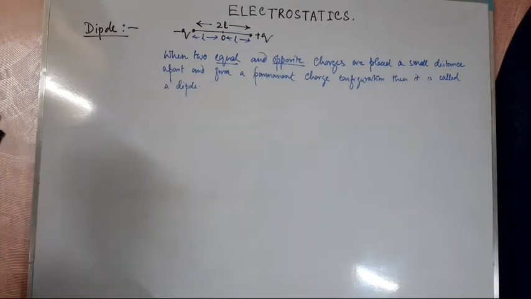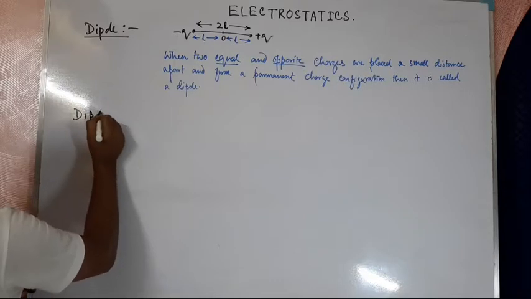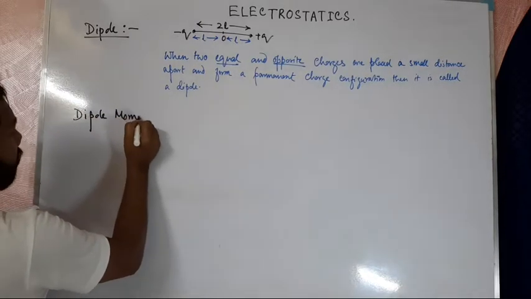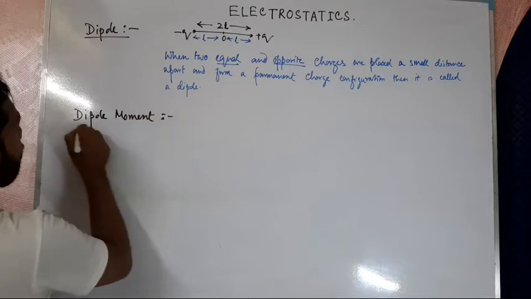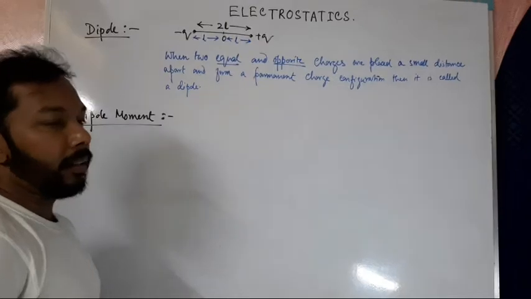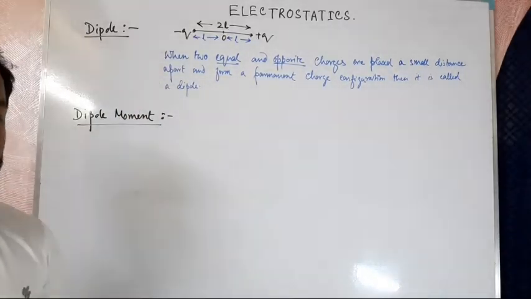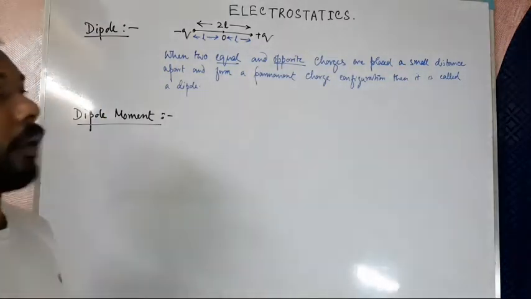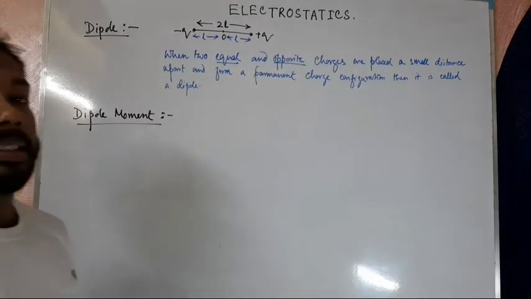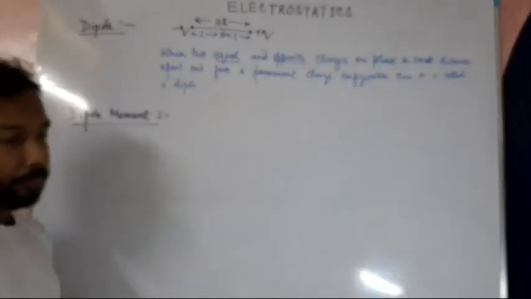Another thing we have to know is called dipole moment. What do we mean by dipole moment? Dipole moment gives how strong the dipole field is. The strength of the dipole is given by the dipole moment.